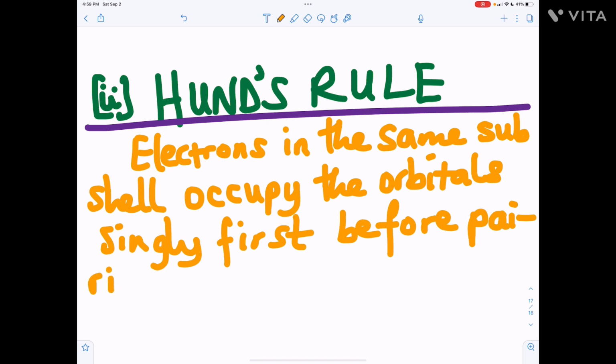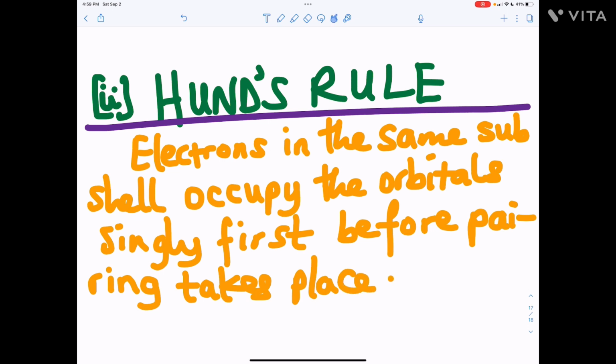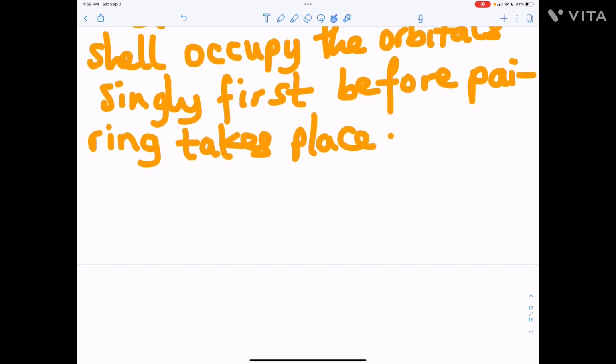They occupy the orbitals singly first before pairing what takes place? Pairing. So electrons in the same subshell occupy the orbitals singly first before pairing takes place.